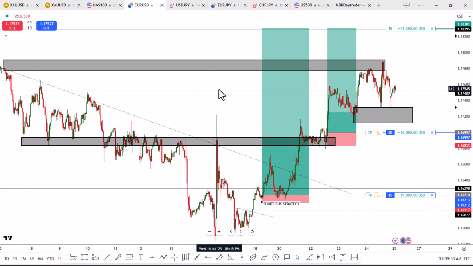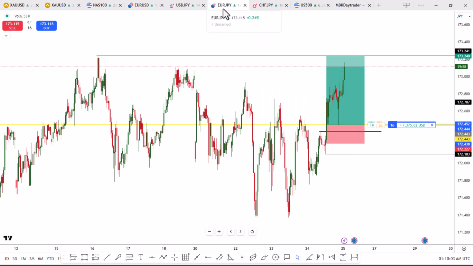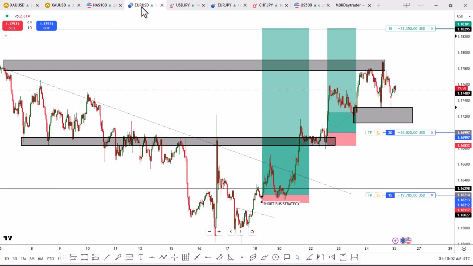Go to Euro USD, I've been on this trade since last week Friday. Very nice. So if on Euro JPY I wasn't really seeing any serious movement right here, I could actually divert that analysis, that time that I was going to waste on this pair, onto a different pair, and I'm going to make a lot of money from it, right?